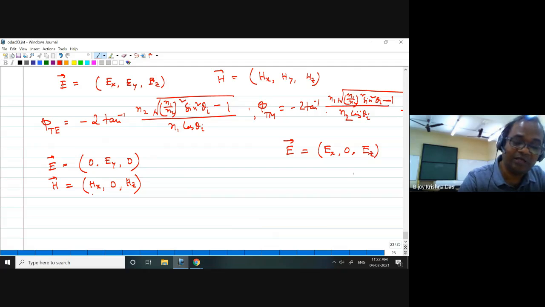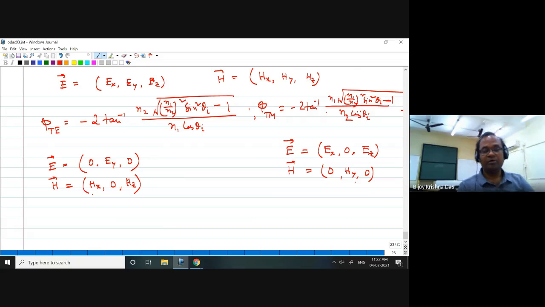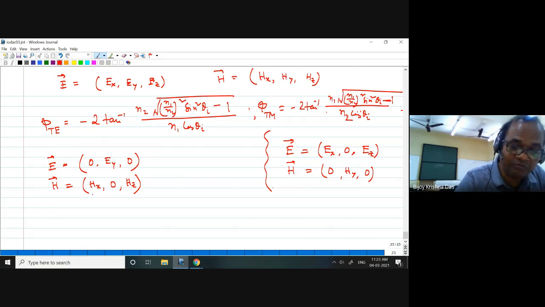So that means the E field is in the XZ plane, and H will be along the Y direction.